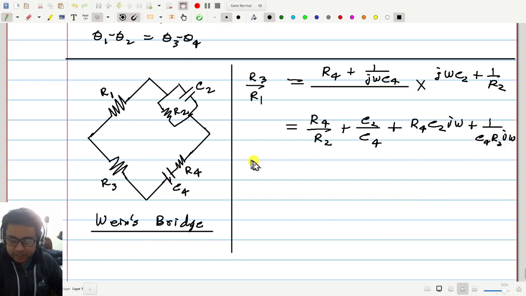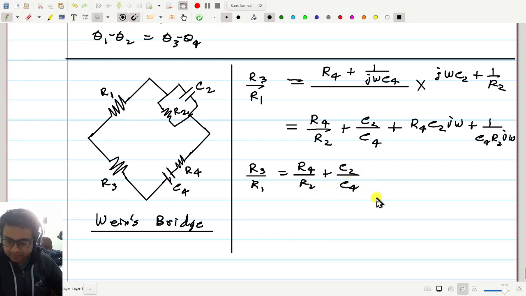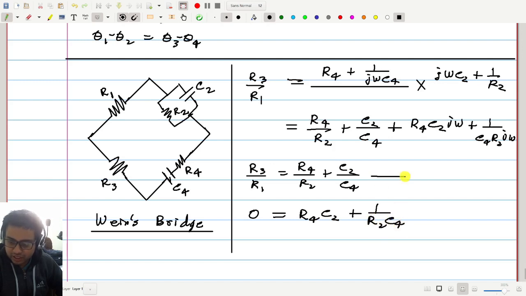Now that means R3 by R1 equals R4 by R2 plus C2 by C4. This is what we get by equating the real parts, and this side has no imaginary part, so 0 will be equal to R4 C2 plus 1 by R2 C4. These are the two equations, 1 and 2.